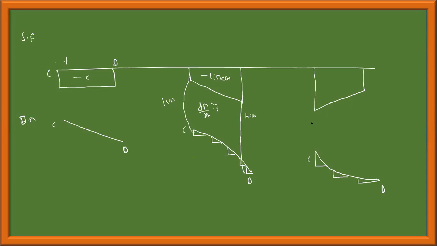So slope of bending moment diagram, dM by dx, is equal to magnitude of shear force. Therefore, magnitude of shear force is higher here, which means the slope should be higher. This is lesser here, slope should be less. Okay, these curves are required for us to plot the shear force and bending moment diagram.